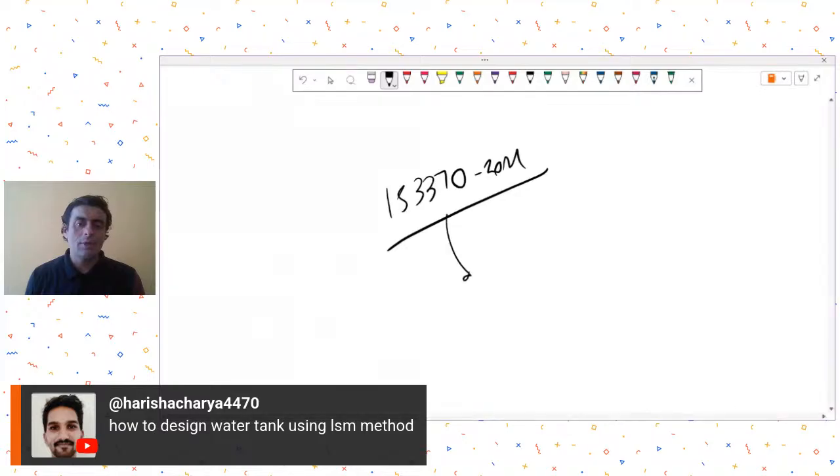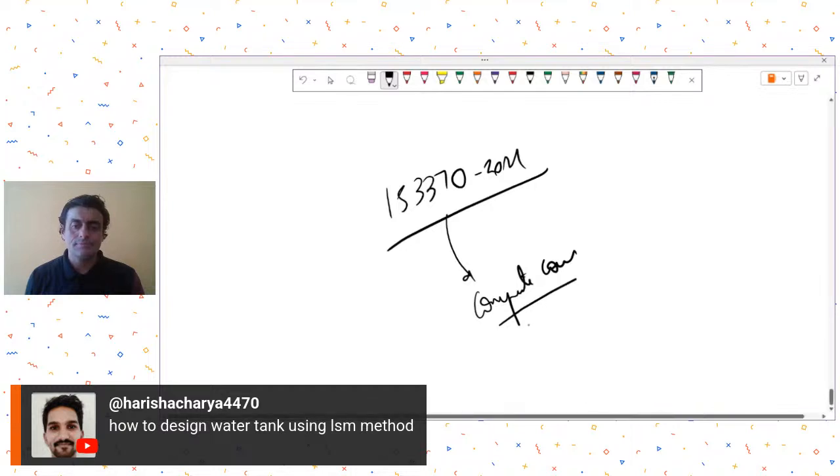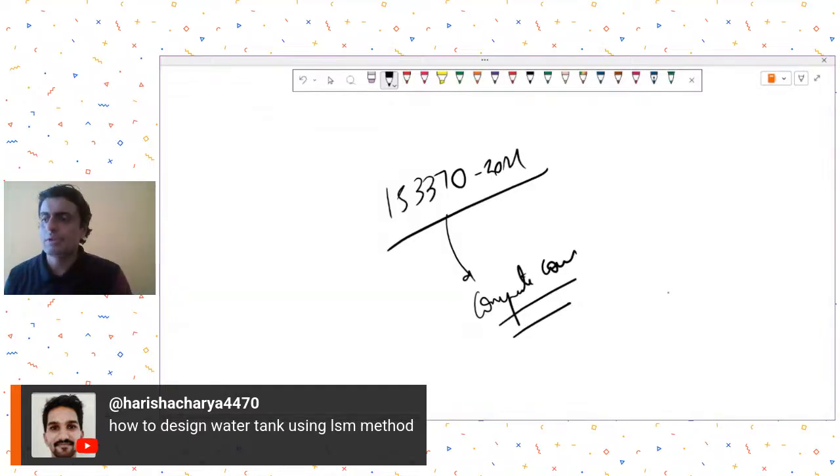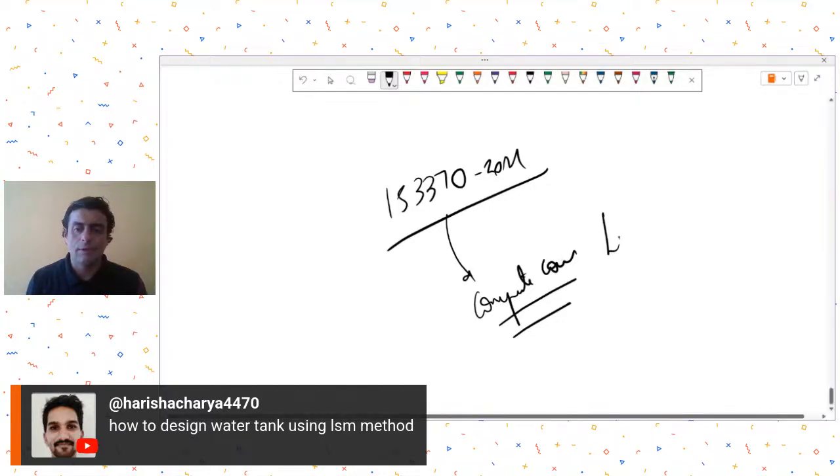We have done a complete course on liquid retaining structures based on the LSM method, which includes the detailed understanding of these codes, calculation for hydrodynamic loads, applications, checking for different limit states, all those things. So perhaps you may be interested in having a look at that liquid retaining structures course.